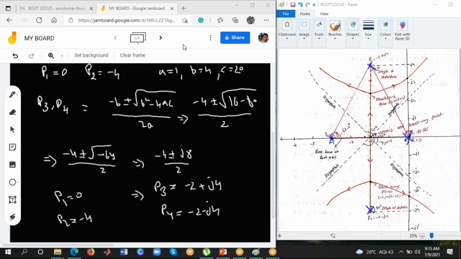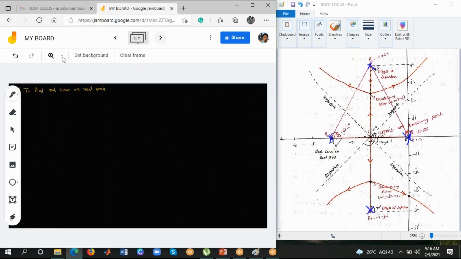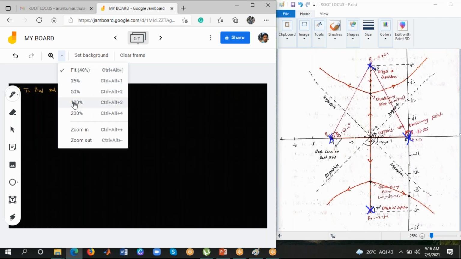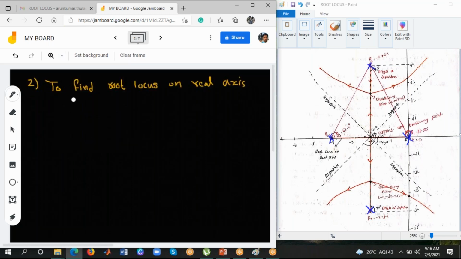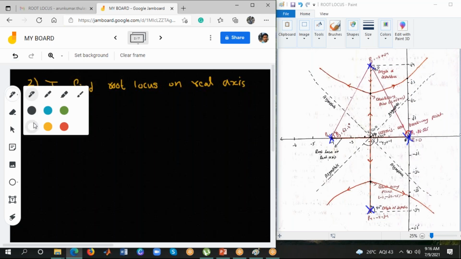Right. So we'll move to the second step, to find the root locus on the real axis. See, if you see this graph, this is the graph we have.